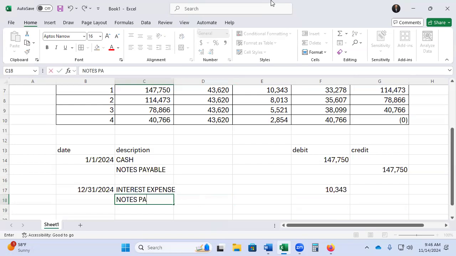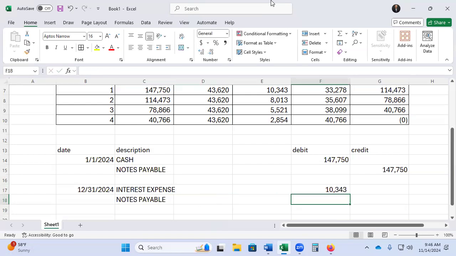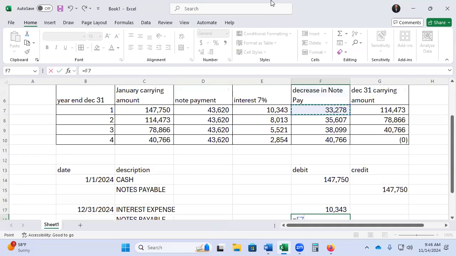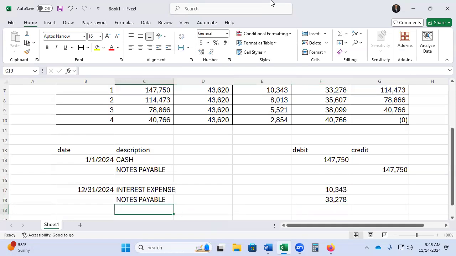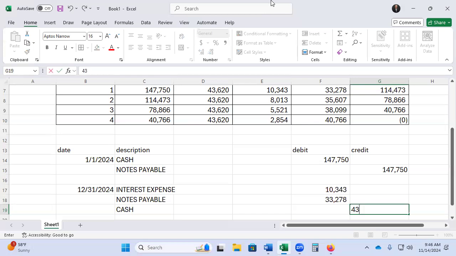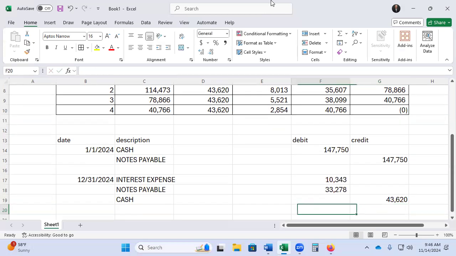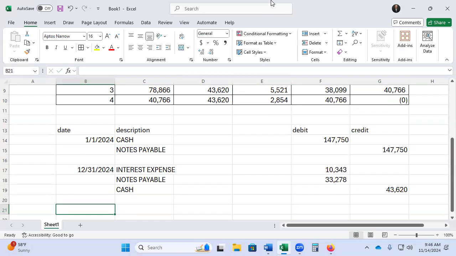And then notes payable, we take that from our table as well. This is how much is going to reduce the principal. And that is going to reduce our cash, and that should be 43,620, barring rounding errors. There are going to be some rounding errors, so it's going to be $1 off here and there.